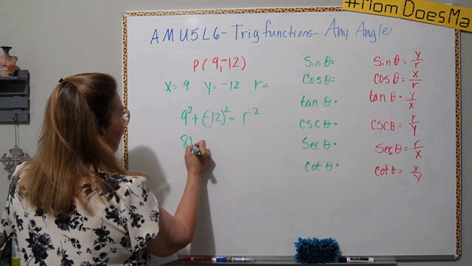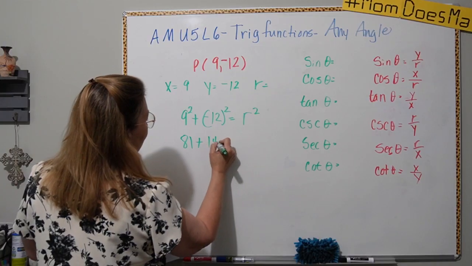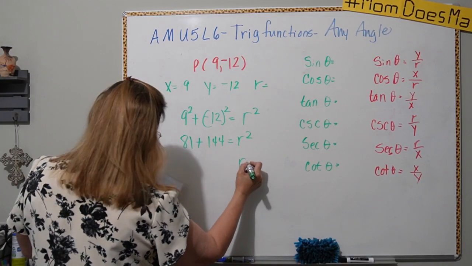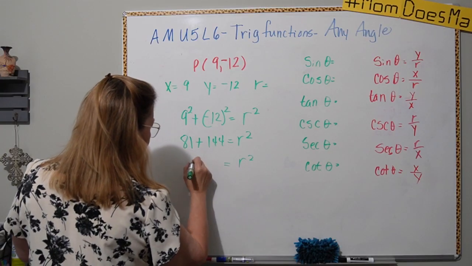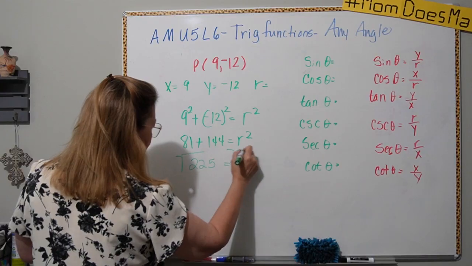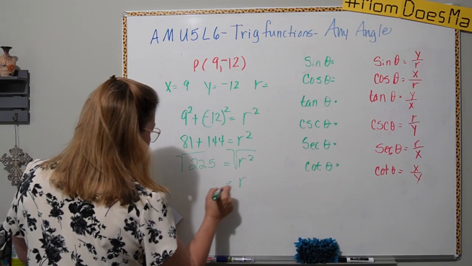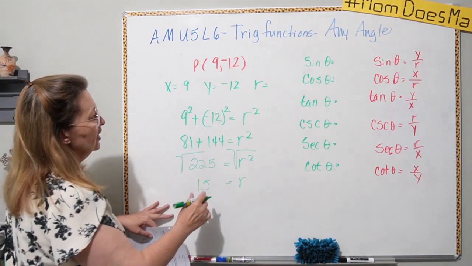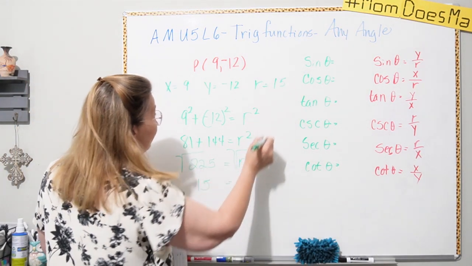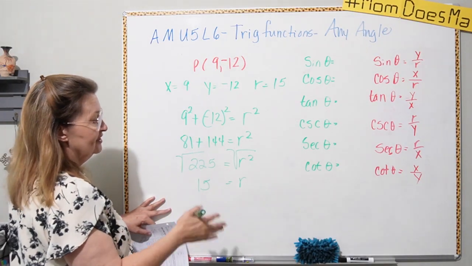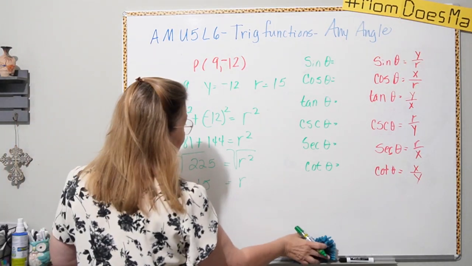So this is going to be 81 plus 144 equals r squared. So I'm going to have r squared is equal to 225. And then I will take the square root of each side, and this is going to be r is equal to 15. Okay? So let me put that in here. Now, all I'm going to do is fill in all of my functions and simplify if necessary.